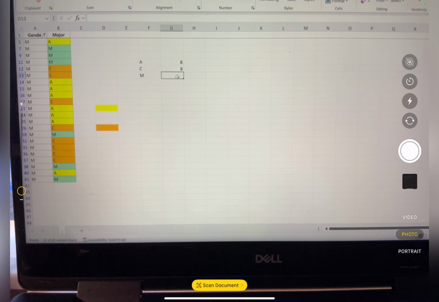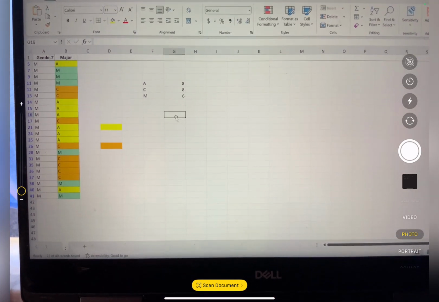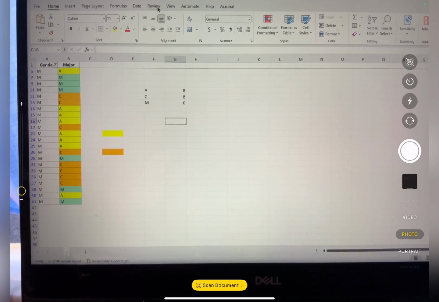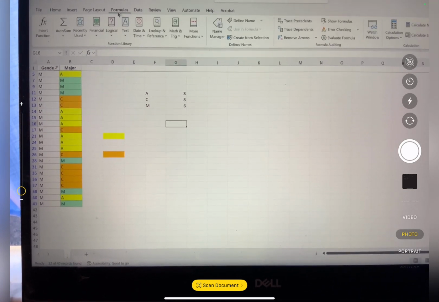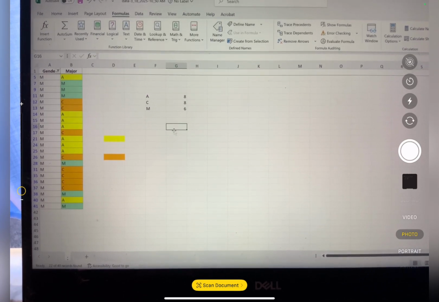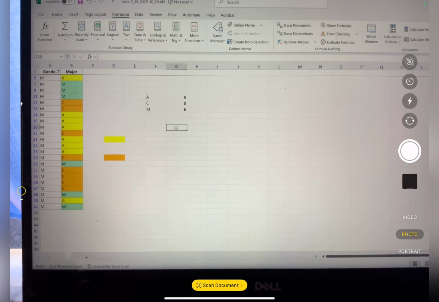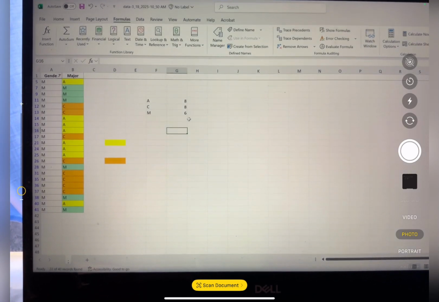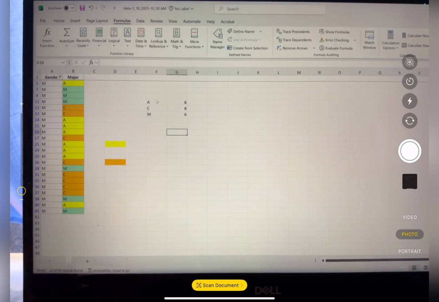So let's totalize, see how much we are getting total. So I'm going to click formula, click sum. You have to click on sum at the cell where you want this formula applied. So I'm getting sum of all these majors. I want to see how many male total participate.